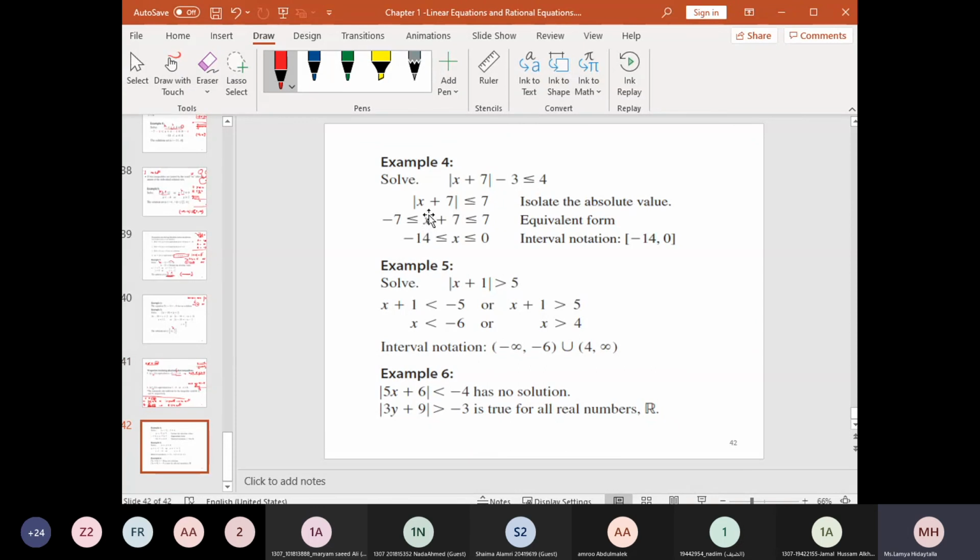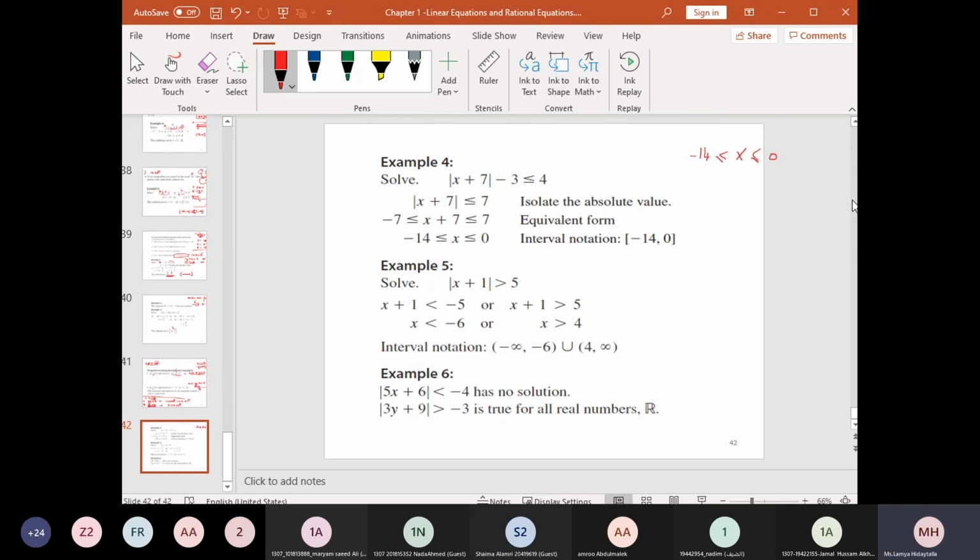So it will be minus 7 less than or equal to x plus 7, less than or equal to 7, where there is the intersection, correct? Okay, and then we want x alone, so we subtract 7 from all sides. So x will be greater than or equal to minus 14 and less than or equal to 0, correct?